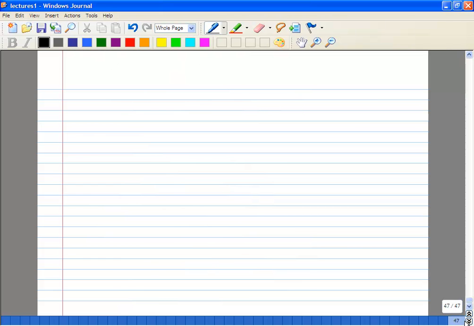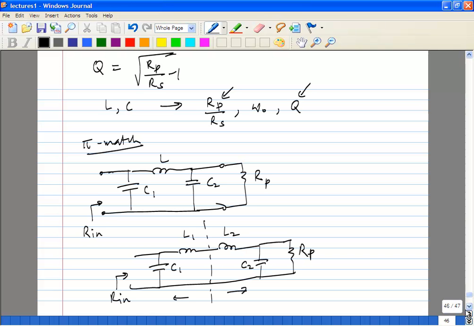Before we split up and analyze differently, if you just look at this network, what you'll find is, if you just take this right side L match alone, you'll get a certain impedance looking in here. We'll call that the intermediate impedance, Ri. Once you match it perfectly, the input impedance looking in here will also be Ri, so that you can cascade it directly.